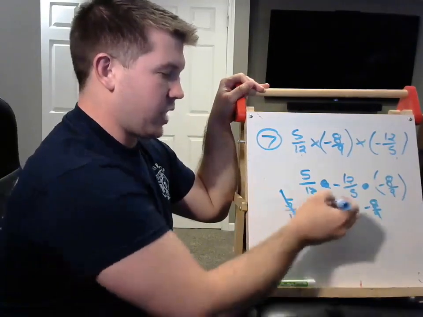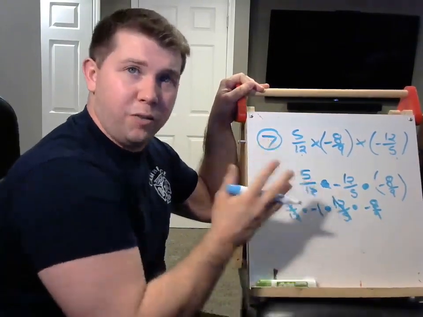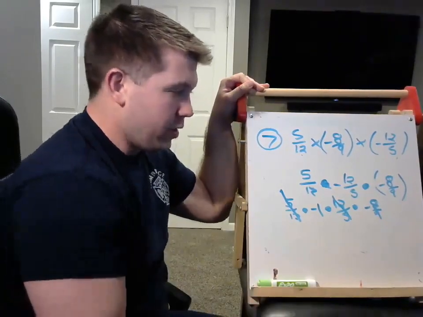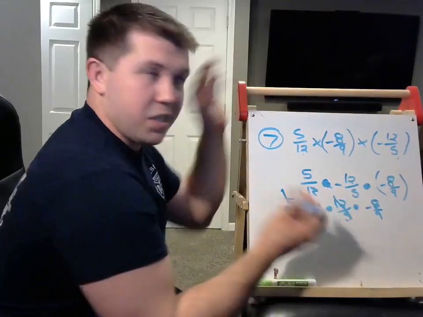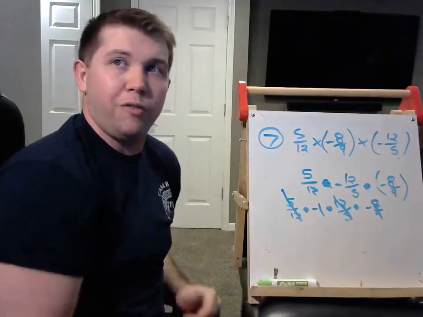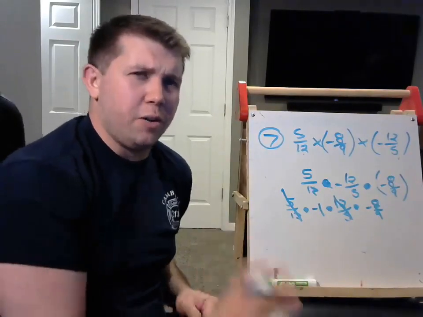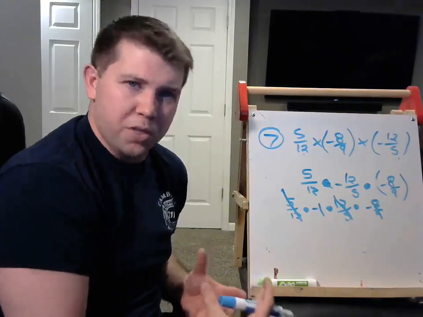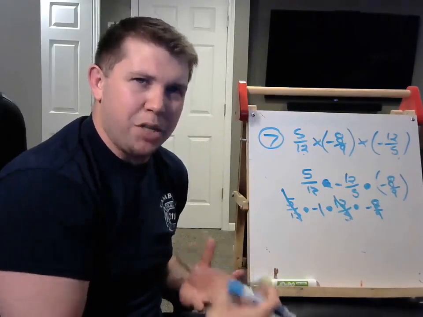So when I cancel these out, that -1 is still here, and I still have to account for it. Okay, and again, this is understanding how negatives work. Because a -12/5, I could separate the negative sign away from it by turning it into -1 times 12/5. One thing I think you guys aren't used to with math is that if you understand the properties and the rules of math, then you can kind of bend them to your will.